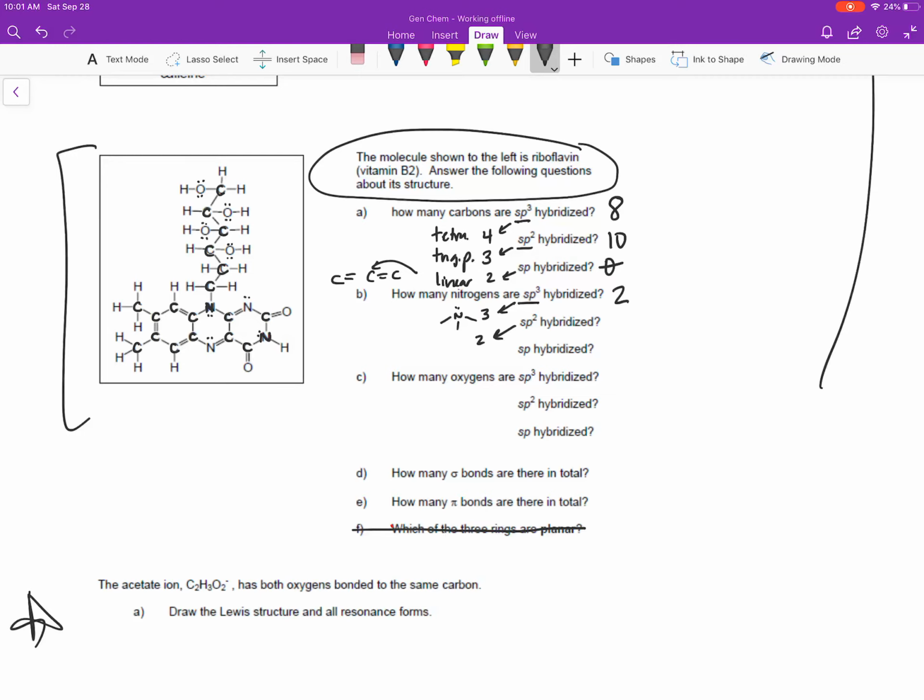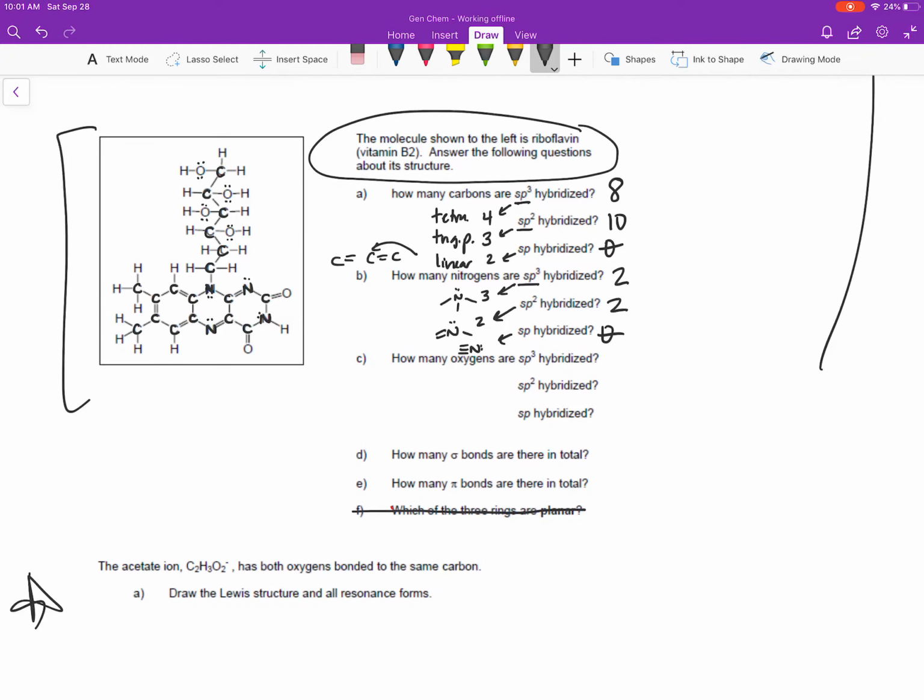If I look for sp2 hybridized, I'm looking for nitrogen that has 2 bonds, like this, and 2 bonding sites and a lone pair. So 1 and 2. And then if I look at sp hybridized, I'd be looking for nitrogens that are like that, and I don't have any that are terminal, that's 0. I've already accounted for all of my nitrogens.